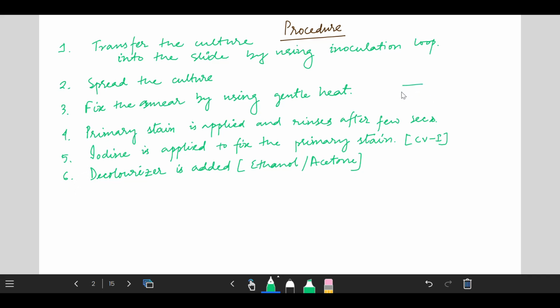Okay. So, if this is the peptidoglycan layer of gram-positive bacteria and this is the lipid layer of gram-negative bacteria, then the CVI complex will be retained in the cross-linking of the peptidoglycan layer. Okay. But the CVI complex in case of gram-negative dissolves and is removed from the layer. Okay.